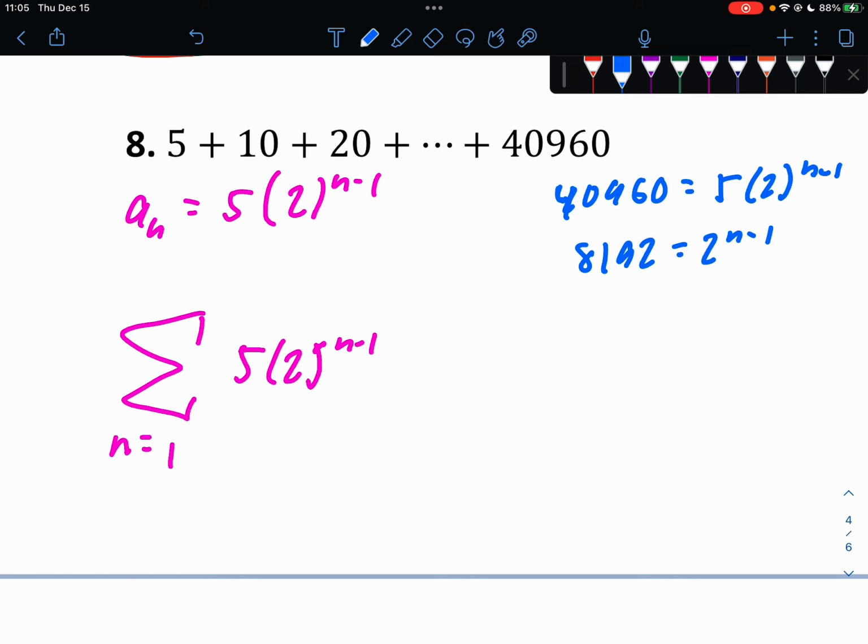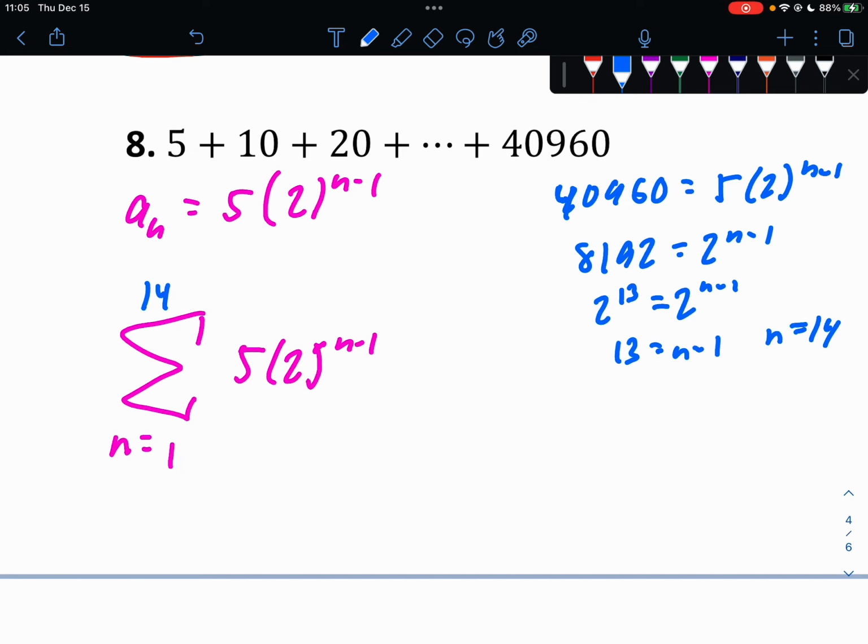So 2 to the 13th power would give us that, which means 13 must equal n minus 1, so n is 14. Like I said, we will learn another method to solving that equation soon, but for right now, that's the best we can do.